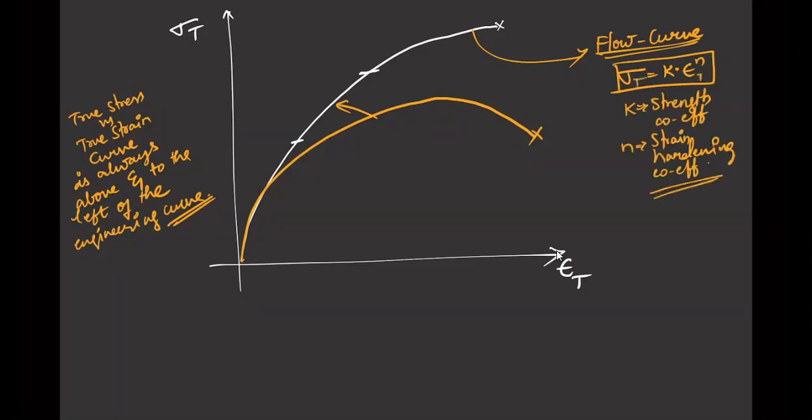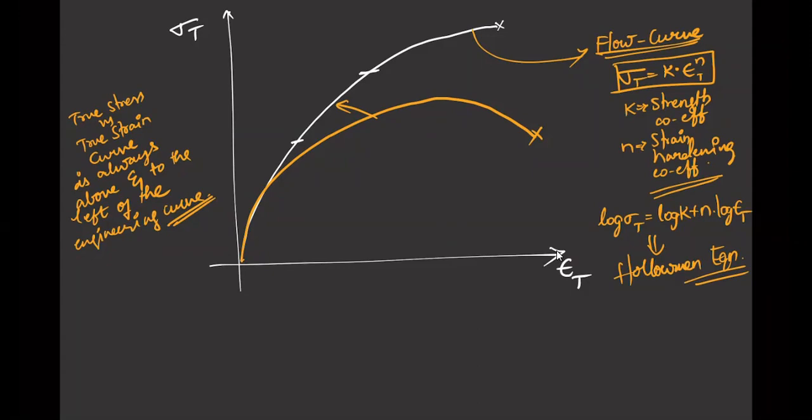Fine, so if you apply log on both sides, you will be getting this thing, which is known as the Hollomon equation, right? This is the flow curve.